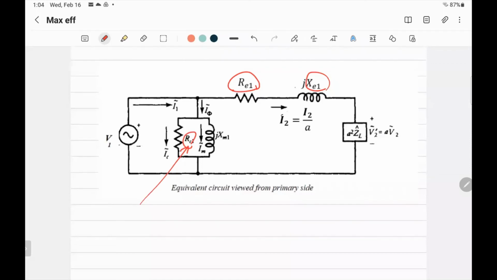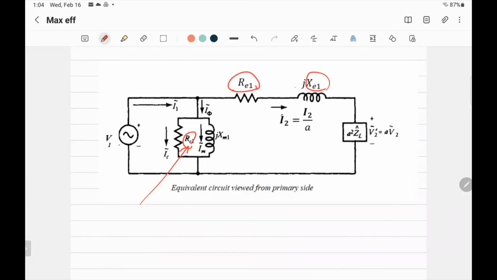Current squared times R, or V squared over R. The question is when do you use I squared R and when do you use V squared over R. The voltage applied to a branch in parallel, use V squared over R. If it's in series, like the equivalent resistance R, like what we did, use I squared R. But for core loss, it's parallel to the voltage.